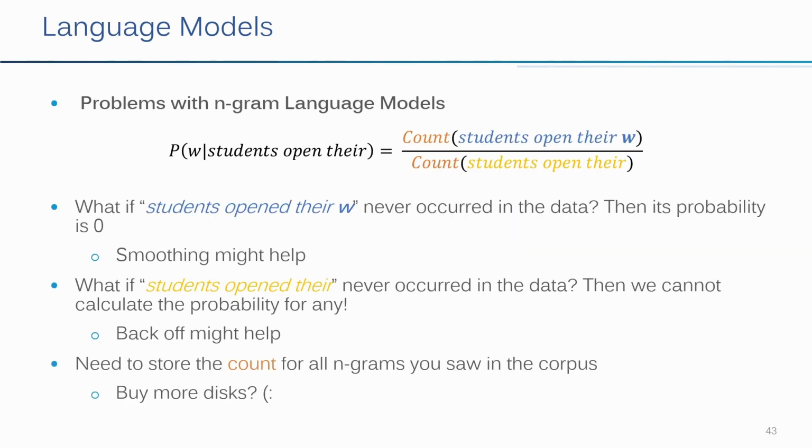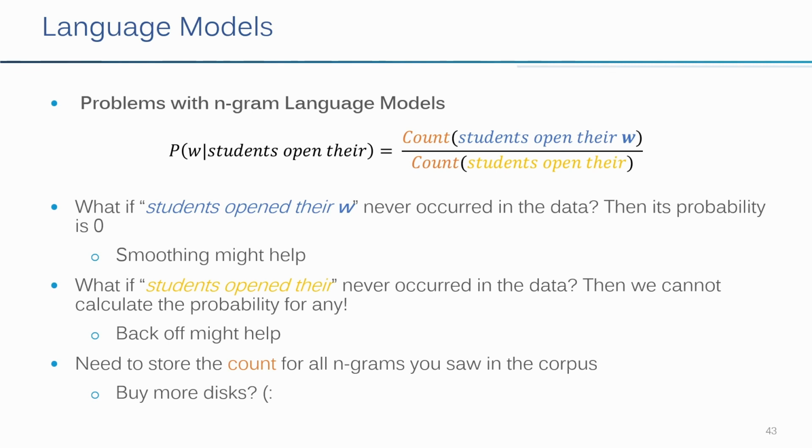However, we do have some issues when we're taking this into consideration. One of them, we learned how to deal with, if you remember: smoothing, backoff, stupid backoff, and so on. If students open their whatever W we have here never occurs in your data, so let's say books or exams never occur, what's going to happen? Then the probability of this sequence appearing is 0.